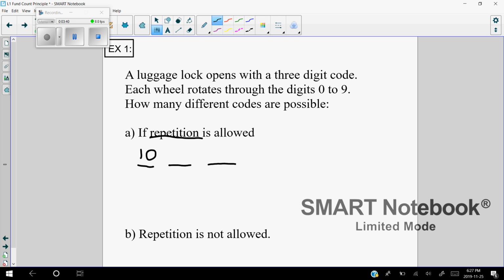And then it says if repetition is allowed, that means that I can put the same 10 digits in the next option or the last option. So each number has 10 different numbers that it could possibly be, and then because they're happening at the same time on one lock combination, you multiply them. So for this one, the answer is 1000.